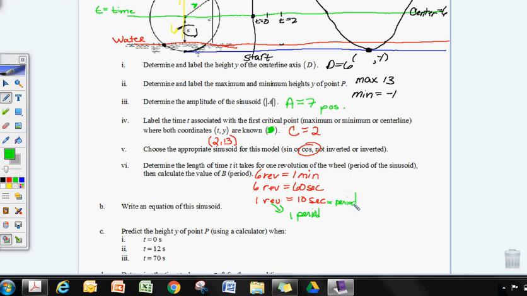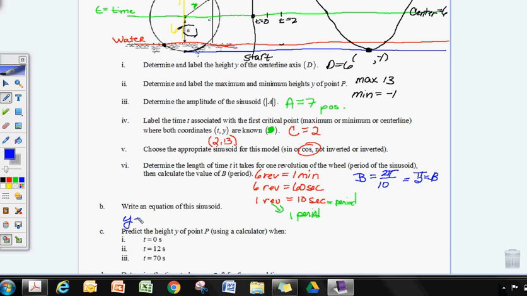Now, I need that B value. So the B value is going to equal 2 pi divided by the period of 10, or pi over 2 is the B value. Okay, so write the equation of the sinusoidal.